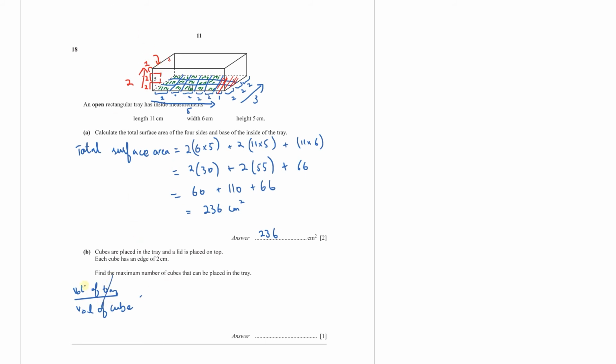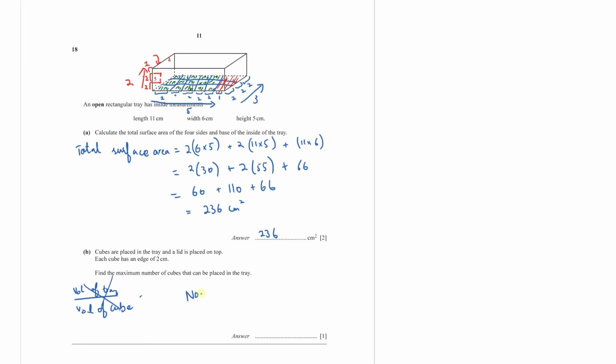So you cannot use, in this question, simply dividing the area of the tray by the cube, because the cube is a solid, and as you see here, this red part and there is another red part at the top which will be left empty, and the cubes will not completely fill up this tray here.